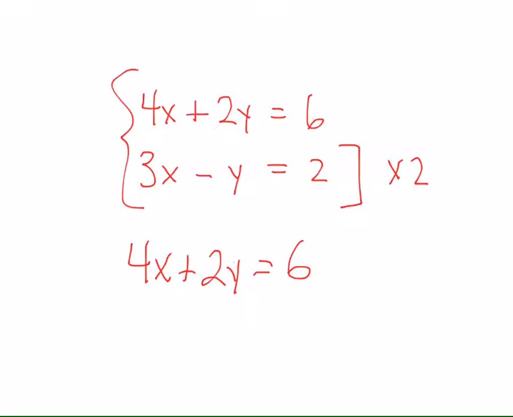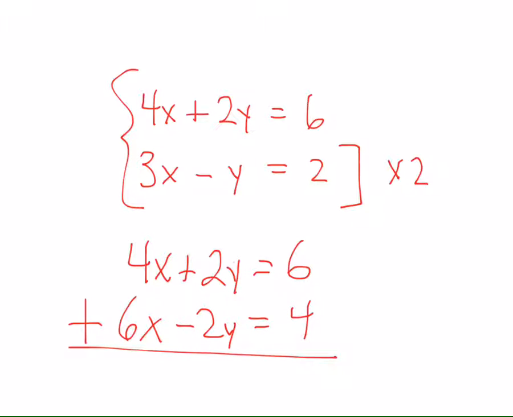Just multiply both sides by 2. Okay? Now what happens over here if I multiply this by 2? 6x, and what if I multiply this one by 2? Minus 2y, and then this one by 2? Equals 4. Now what happens when I add them up? 10x, the y's cancel, equals 10.